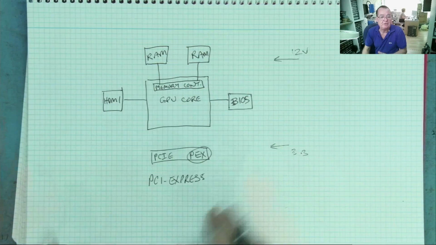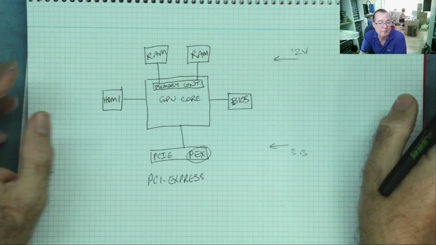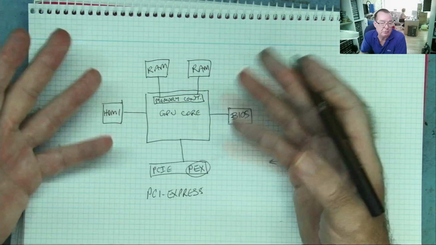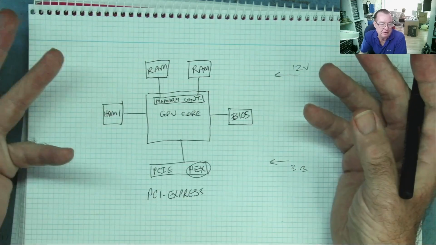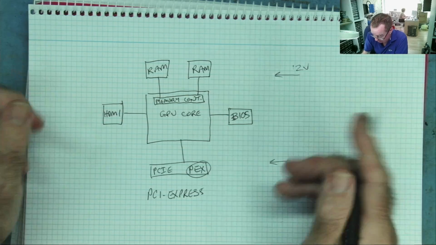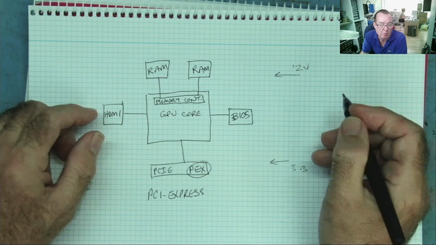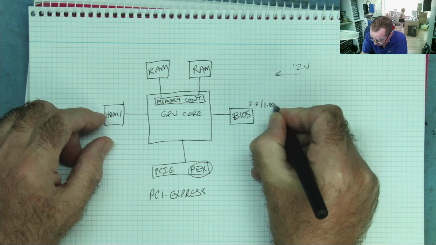So this is basically the system we have. Now, different parts of the system run on different voltages. This will depend on the generation of RAM, the type of BIOS, the type of GPU, and various things. But basically, the BIOS will either run on 3.3 or 1.8 volts. Those are the two most common ones, at least.